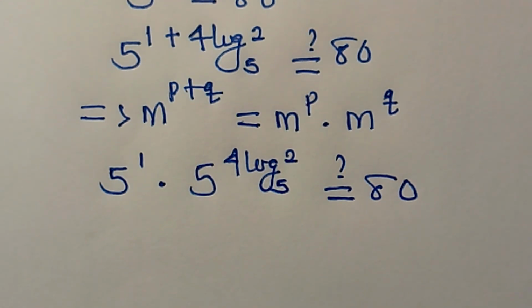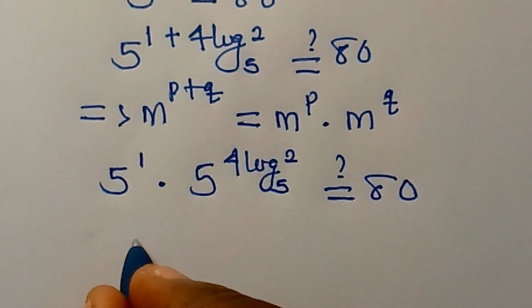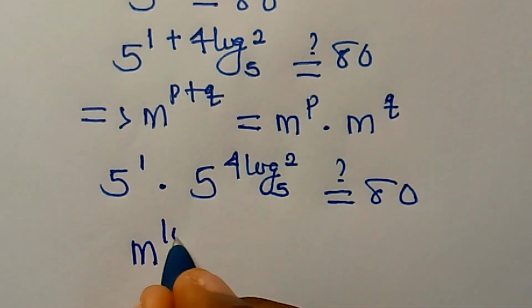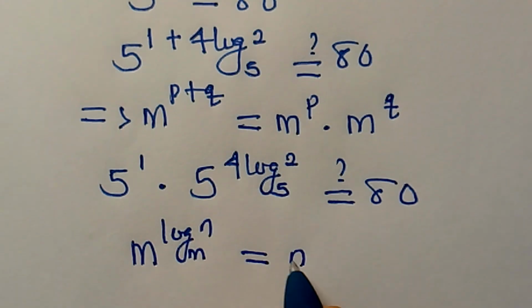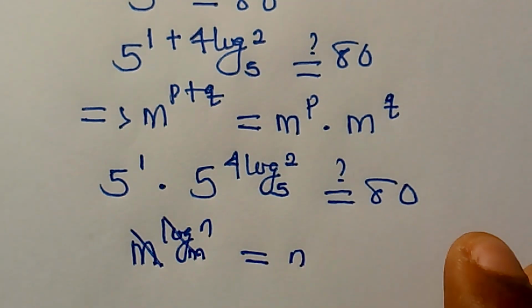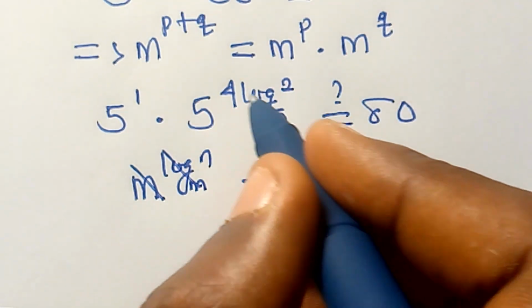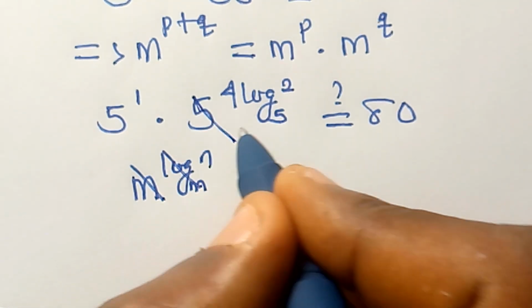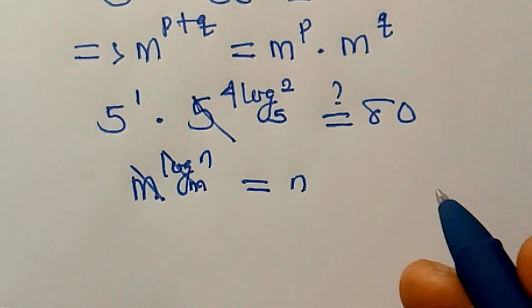Then we must note that if you have m raised to the power log n in base m, this equals n, because this cancels this.